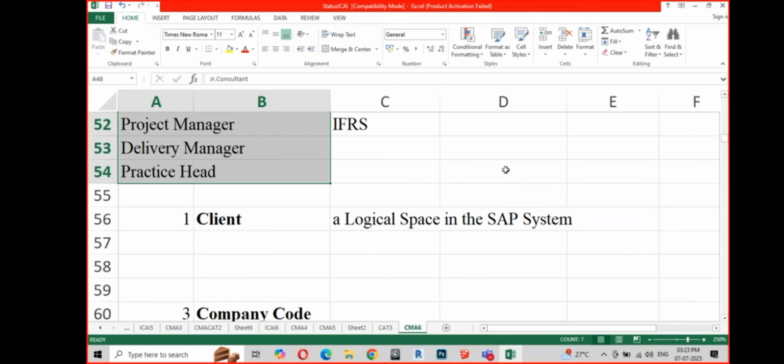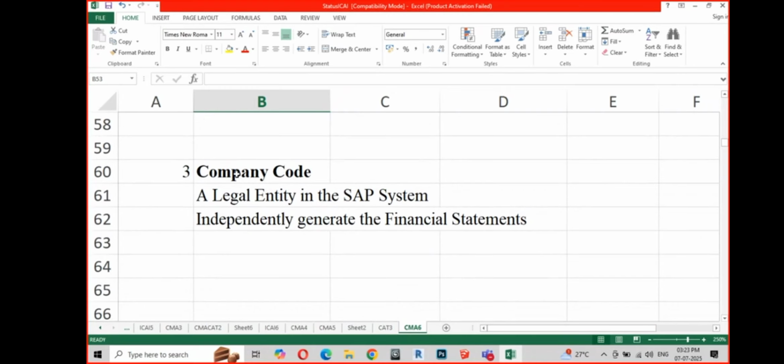Right? Now, I also saw another question. What is a company code? Now, I said I'm working on a project for A Limited. So A Limited is a company. It is governed by some legal rules and regulations laid down by the company's law. Clear?